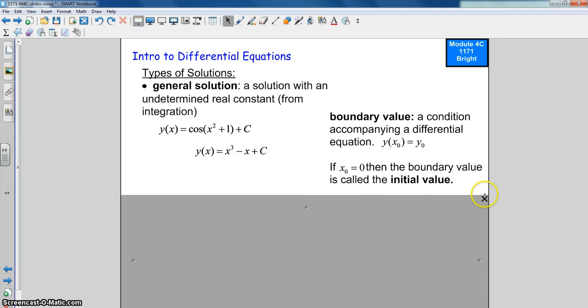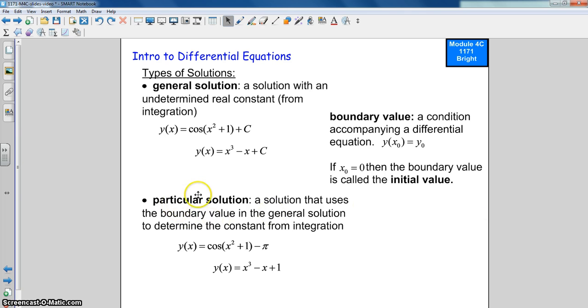Okay, and so as I mentioned, the other type of solution is a particular solution, and in that one, these constants c are actually determined. So we should not have any constants appearing in our solution, and so just a couple examples. For example, in the first one, you could have the constant being minus pi, and in the second one, it could just be 1.